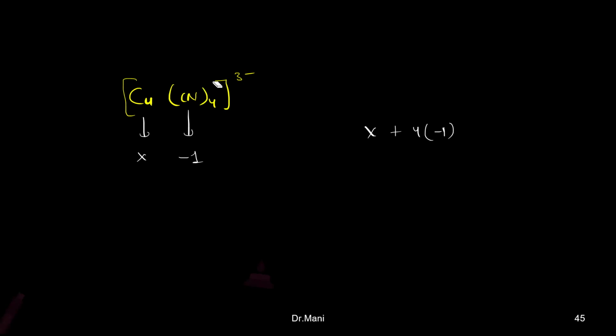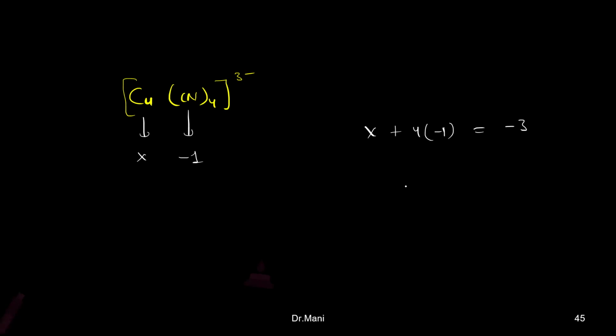That means I should add all these things. Here CN, I know it's -1 and there are 4 CNs. So X plus 4 into -1 should be equal to -3 because the overall charge is -3. So it will be -4, going to the other side it becomes +4.